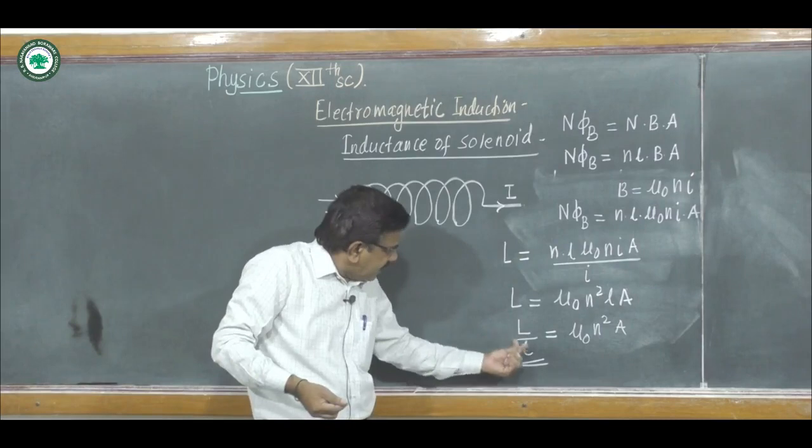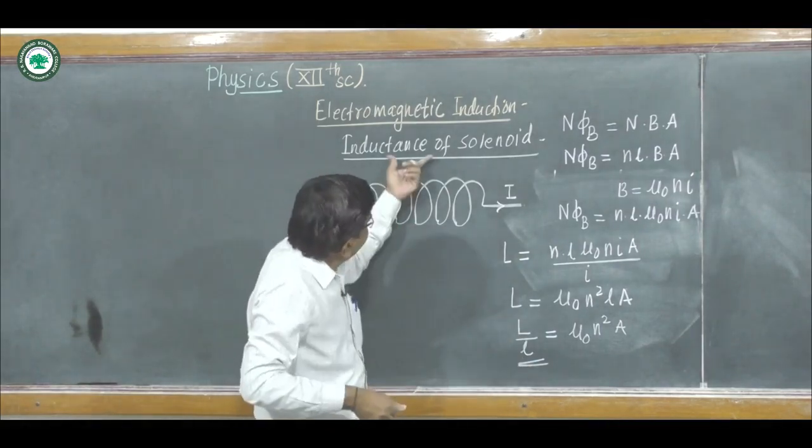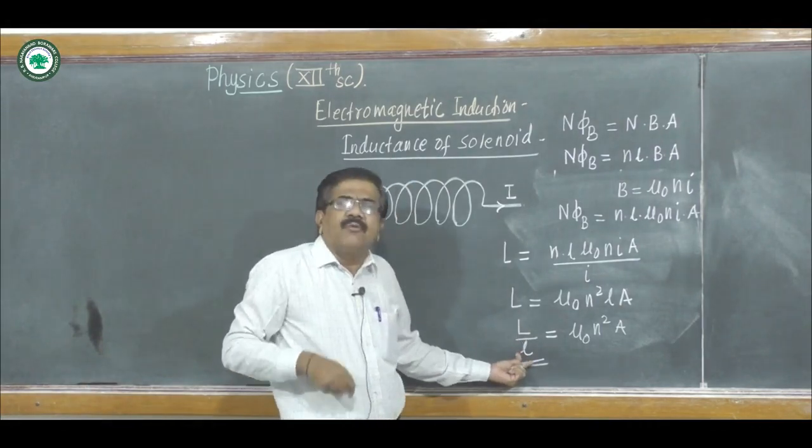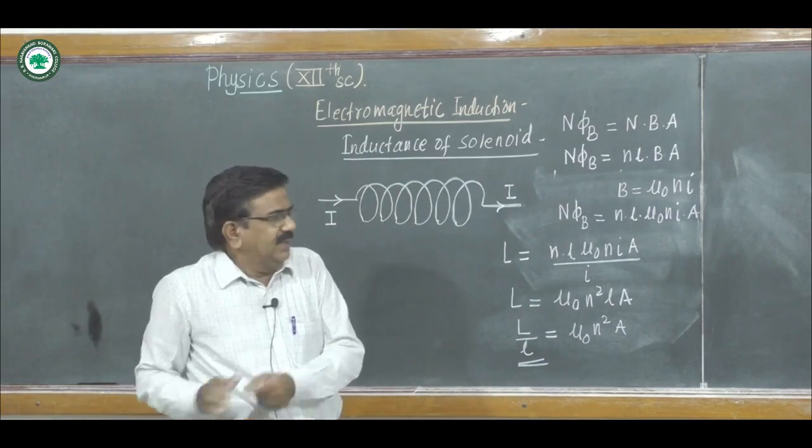This is inductance per unit length. And this inductance per unit length for the solenoid is mu 0 n square A.